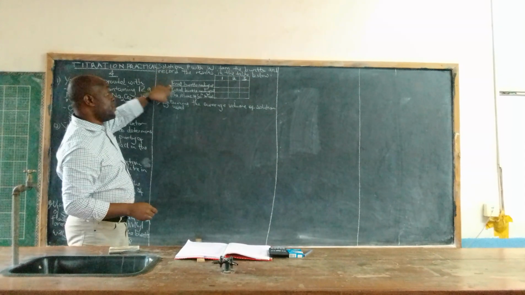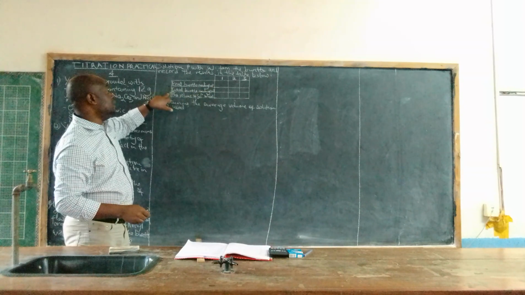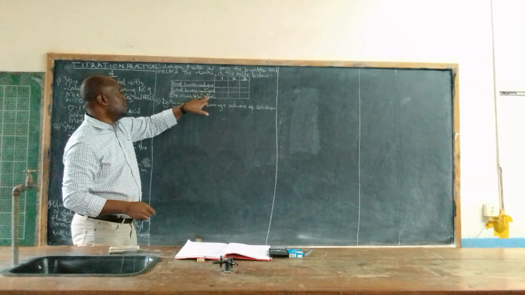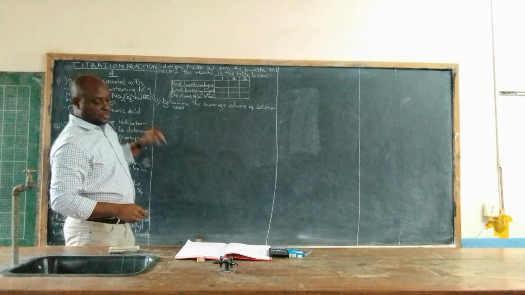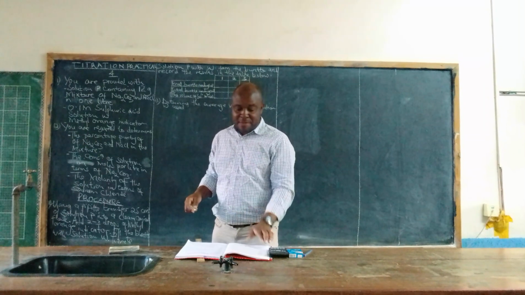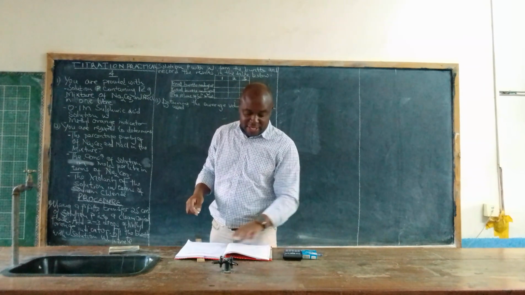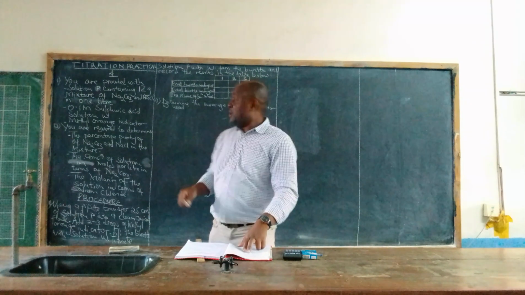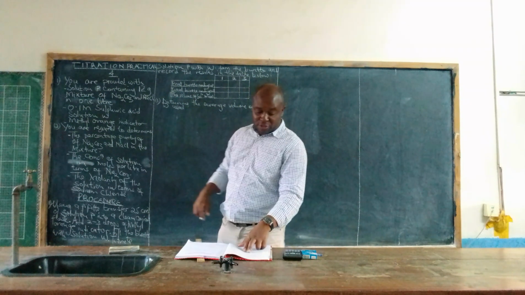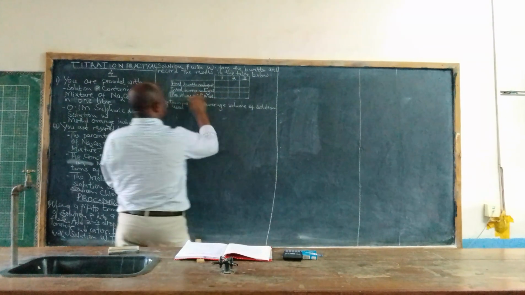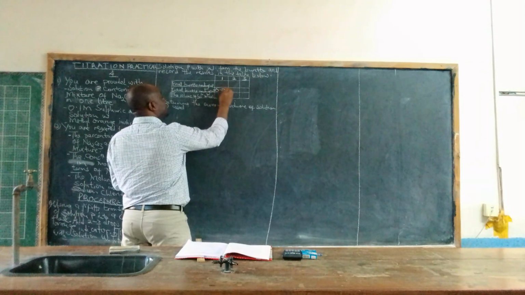We have the final burette reading in cubic centimeters, the initial burette reading in cubic centimeters, and the volume of solution W used. So now we are going to assume we have carried out our titration properly and accurately with those respective solutions, and let us assume that our initial burette reading was 0.0.